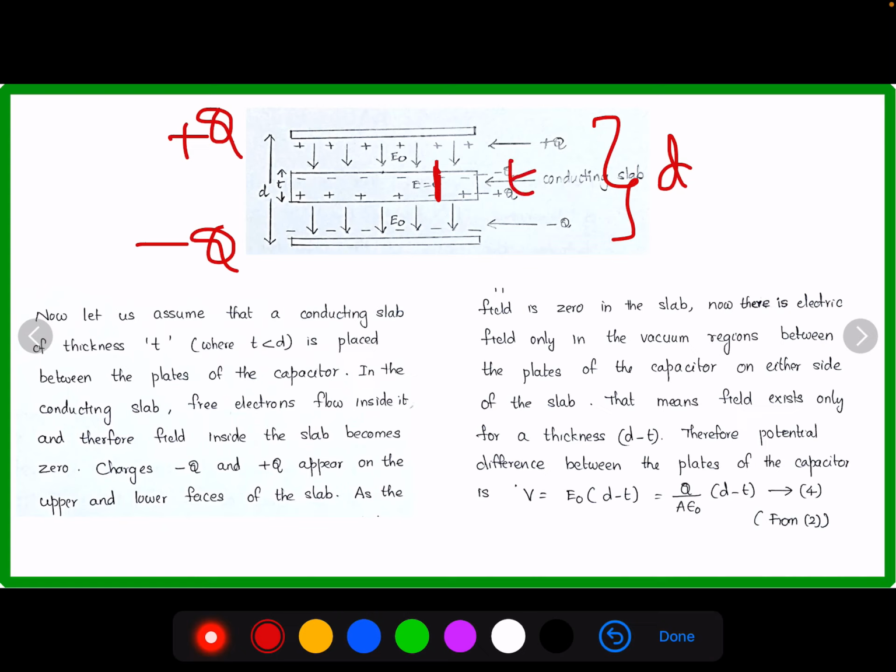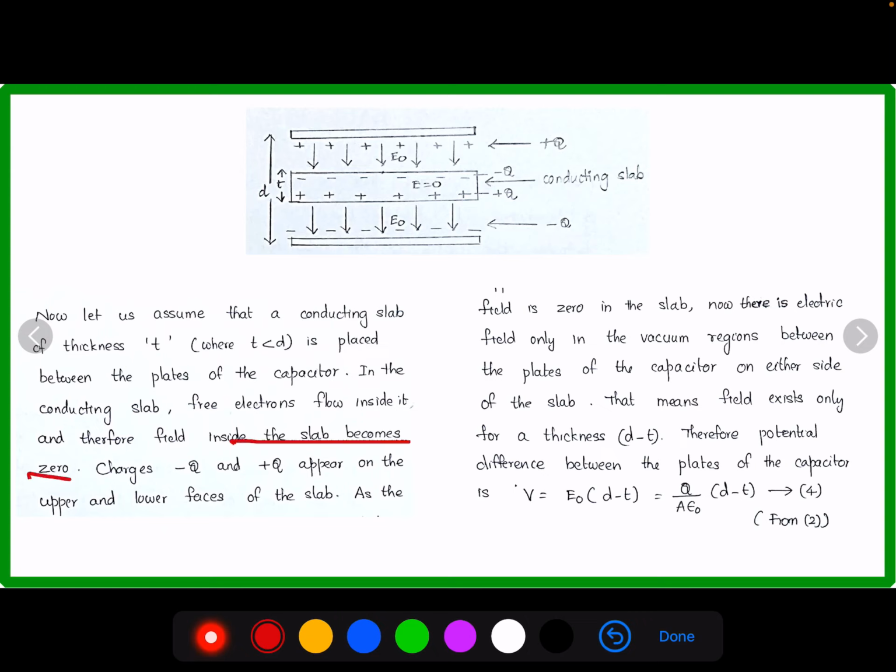Now the electric field inside that slab becomes 0. Once again I repeat, if you take a conductor in between the plates, the free electrons flow inside it. Therefore, the field inside the slab becomes 0.